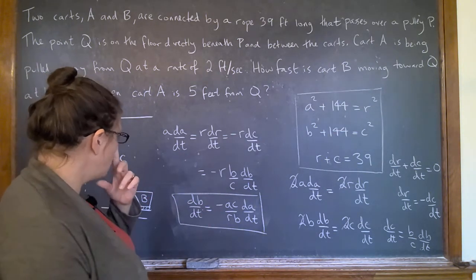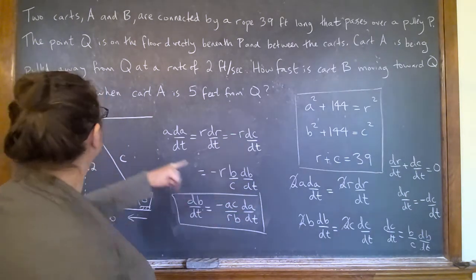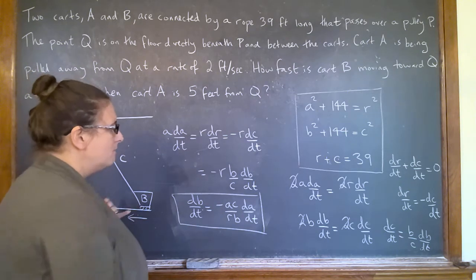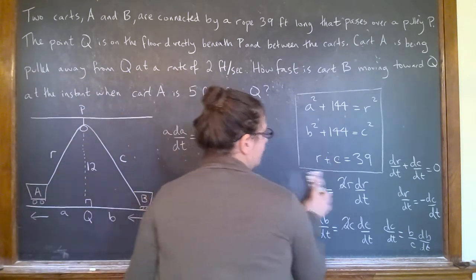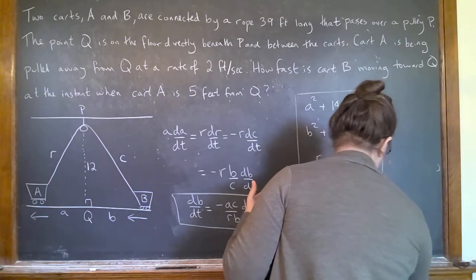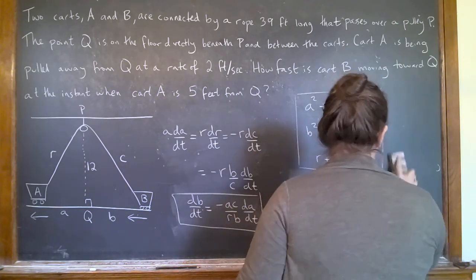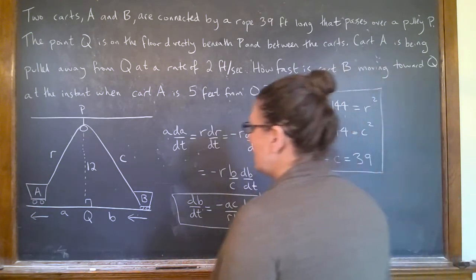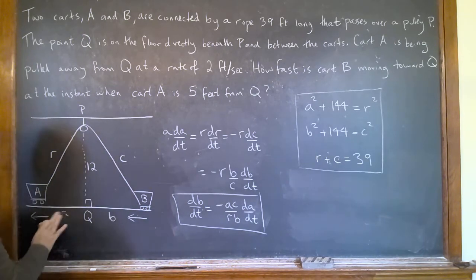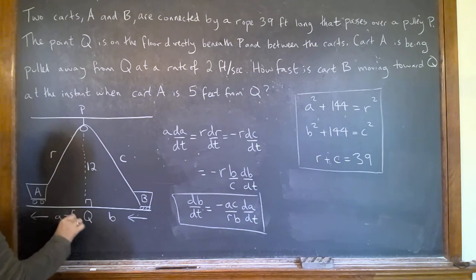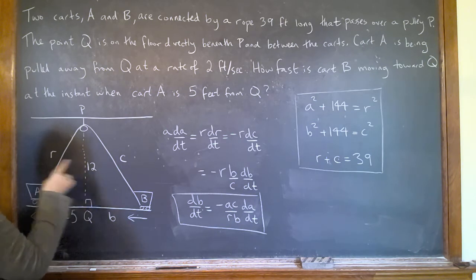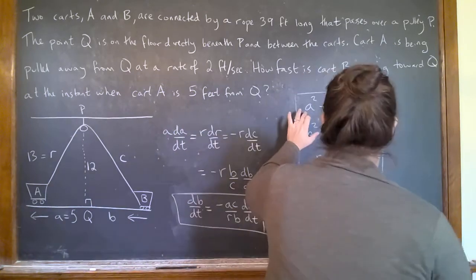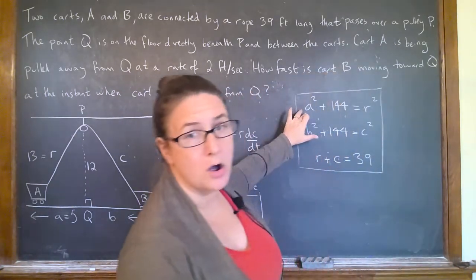Okay? We were given dA/dt was 2, and we were given that A was 5. But we know enough from our 3 things here that we should be able to figure out all the rest of them, right? So if A is 5, you can even immediately see this is going to be a 5, 12, 13 right triangle, or you can go back up here and figure out what R is.